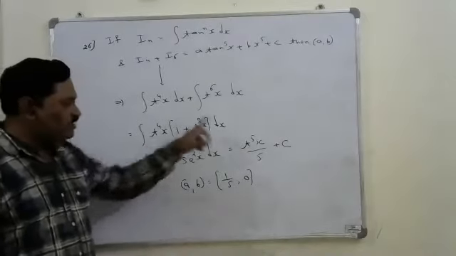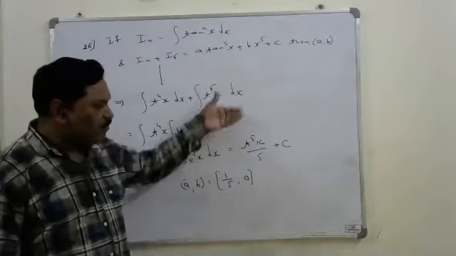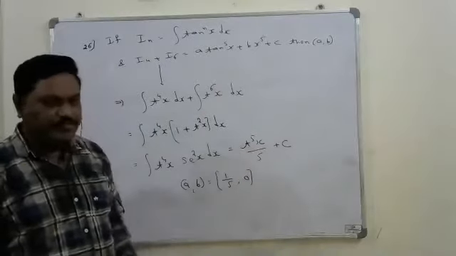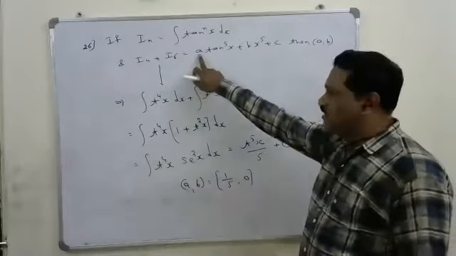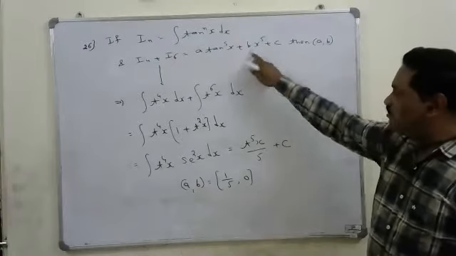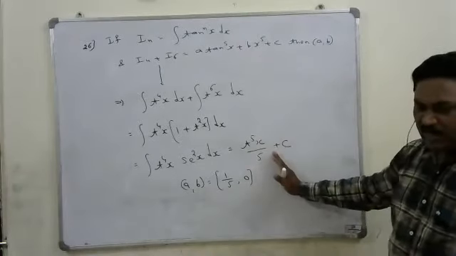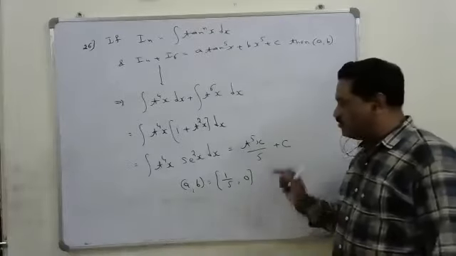N means here 4, so 4 plus 1, that is 5 upon 5. Therefore the answer is tan power 5x by 5 plus c. Where tan power 5x coefficient is 1 by 5, so that is a. Means a is 1 by 5, and x power 5 coefficient is b. There is no x power 5 term, so its coefficient is 0. So these are the values.